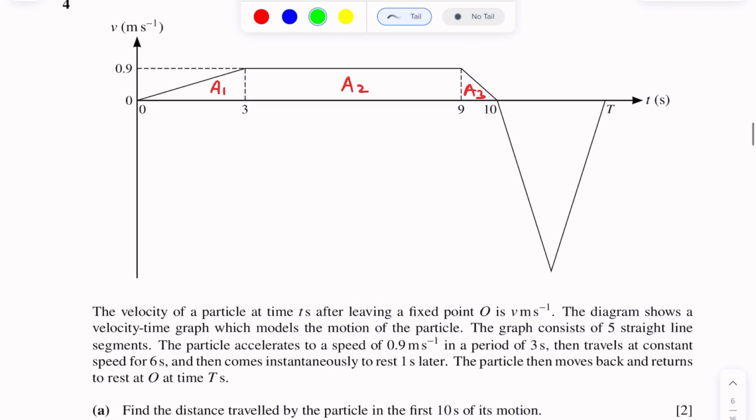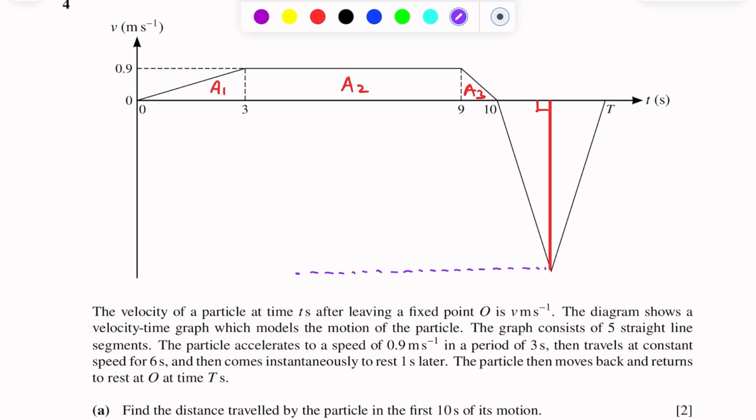Now we will find the area of this triangle. This is the height of this triangle, or let this be the minimum speed.